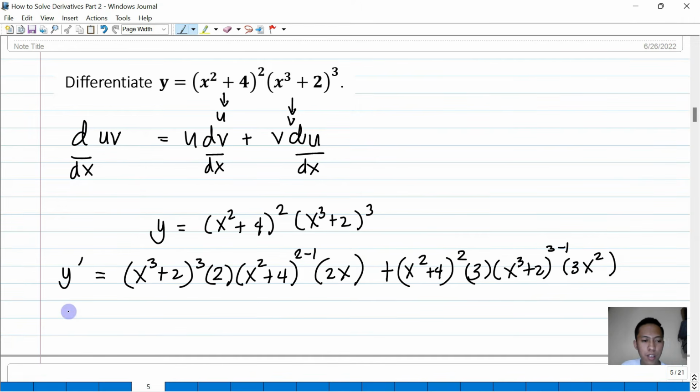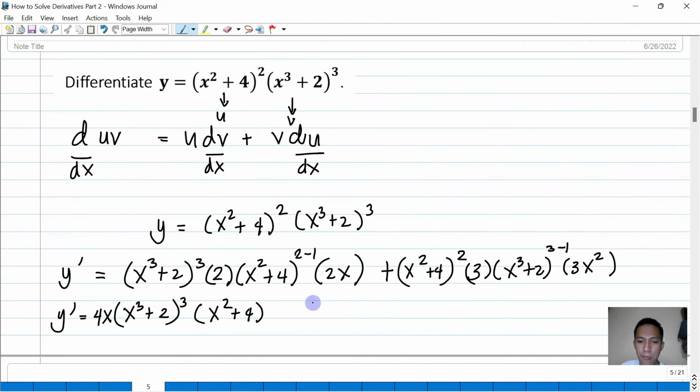And you should simplify this. So this becomes y prime is equal to (x cubed plus 2) quantity cube. So this is 2 times 2x. So that is 4x. And this one here is x squared plus 4. So this is raised to 2 minus 1.